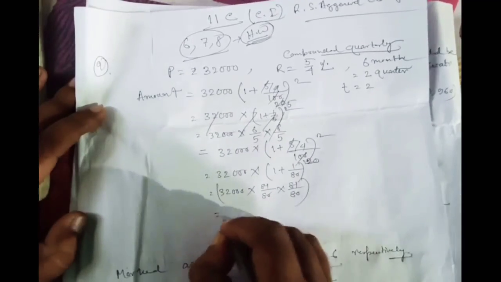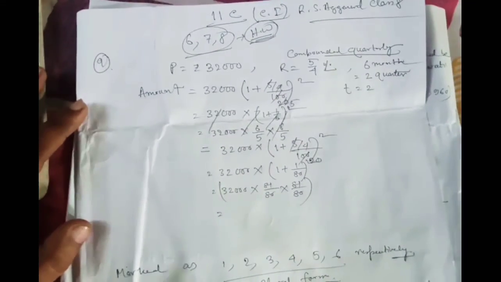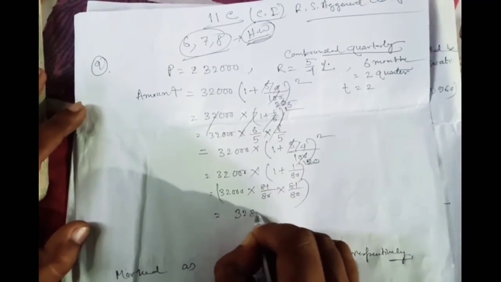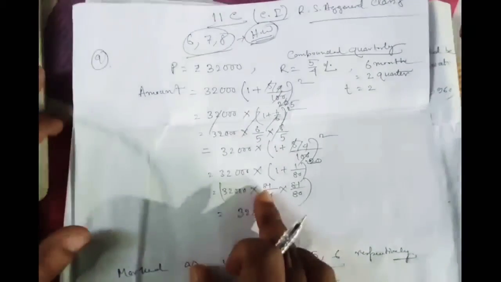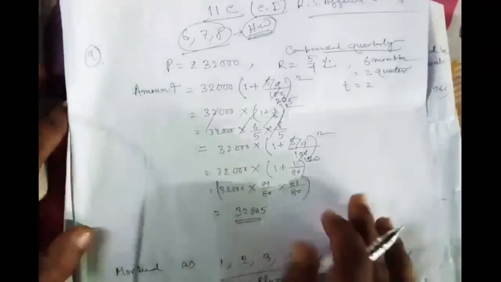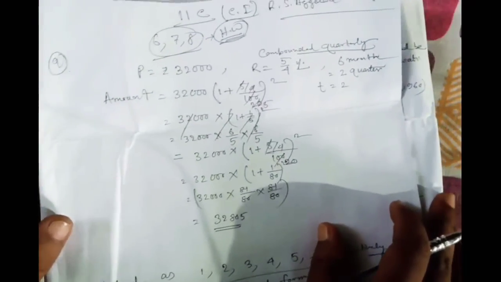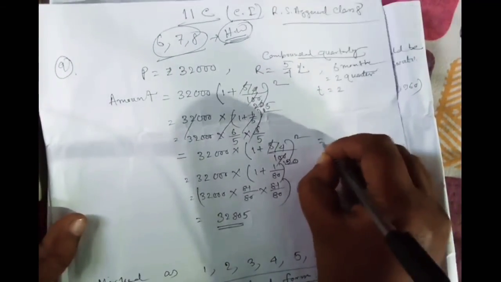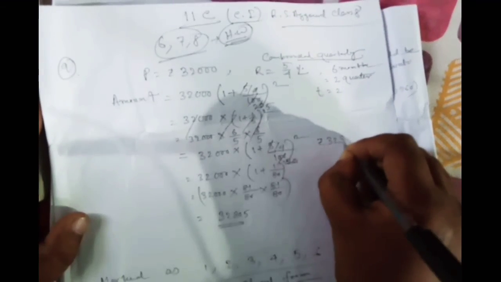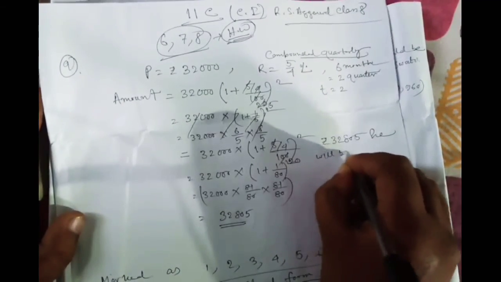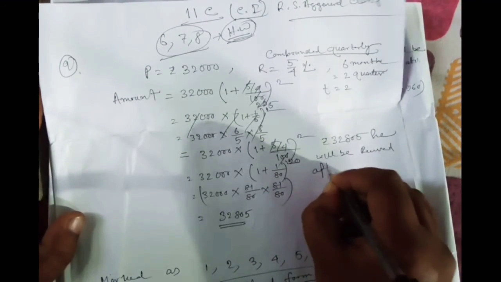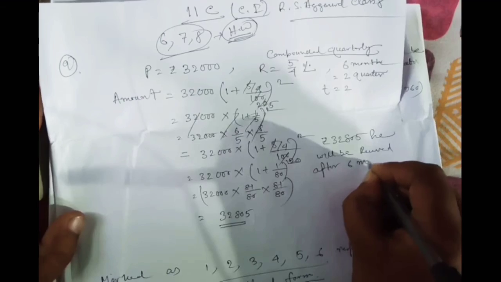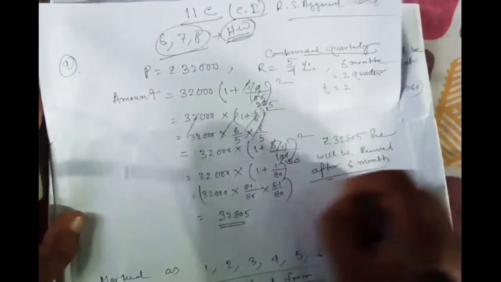So now if you do the calculation, 32,805, so this should be the amount. Next, rupees 32,805 he will receive after 6 months, okay.